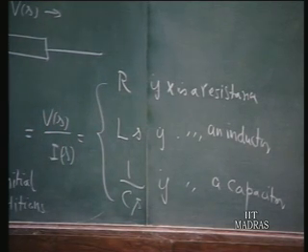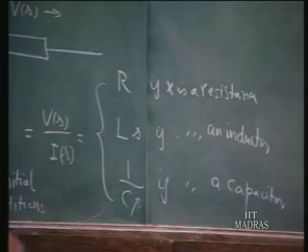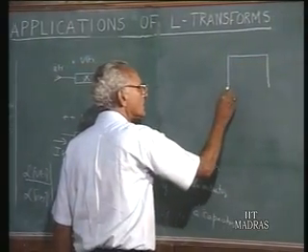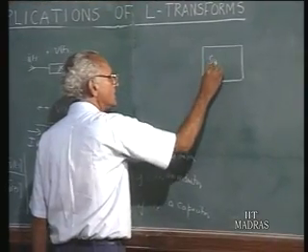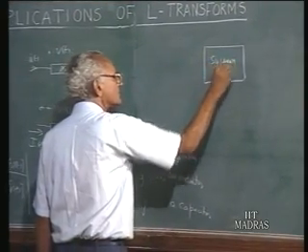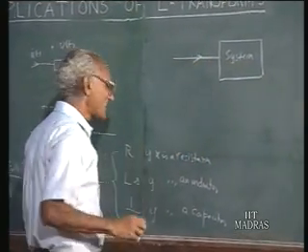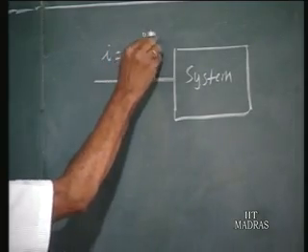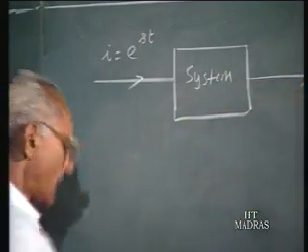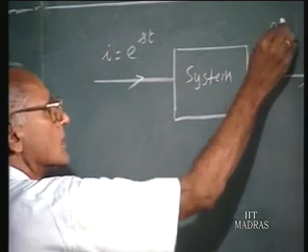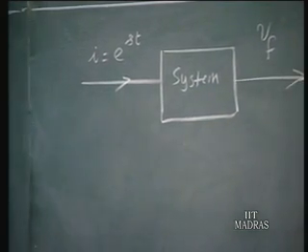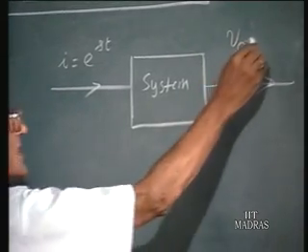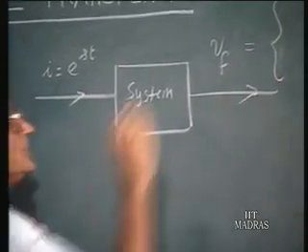We can also think of this from the system point of view. Suppose I represent this element as a system, and we have a current which is given by e to the power of st, and you want to know the output, the forced response of the system for this input.